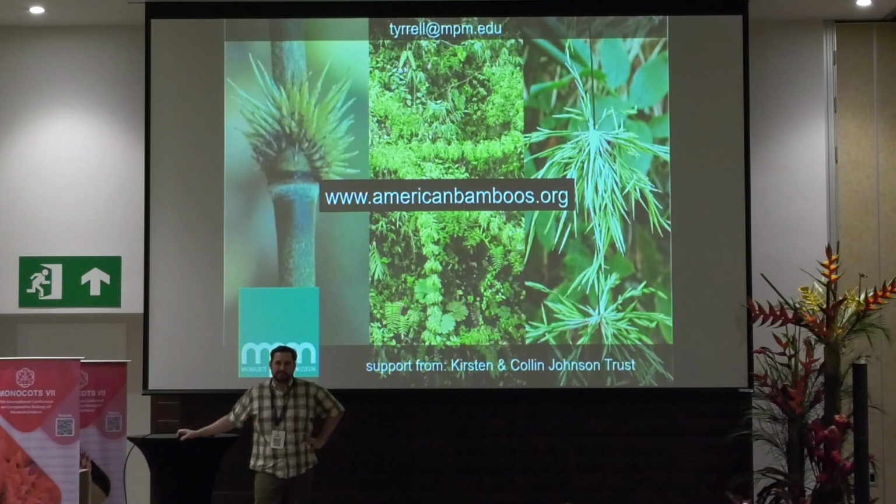I'm not sure that that's the most useful. I think the most useful characters are the ones that are easily interpreted by the key user, something that is easy for a person who's trying to use the key to see or measure or identify. And what would be your favorites there?